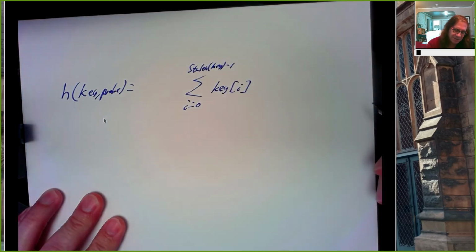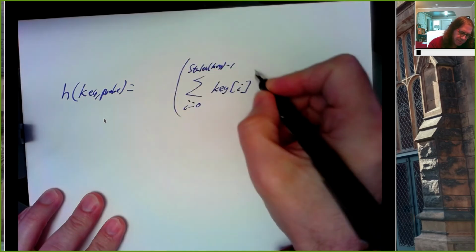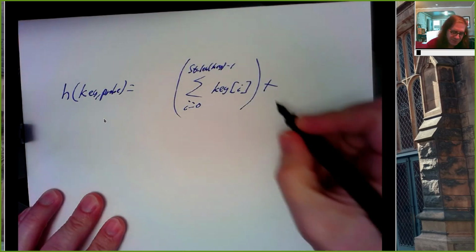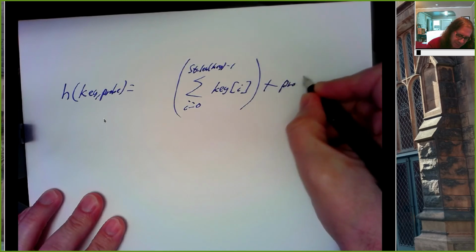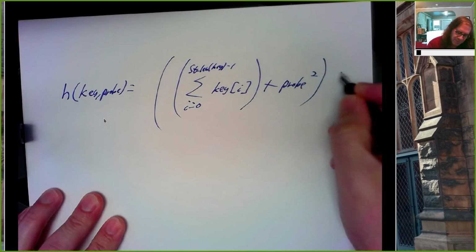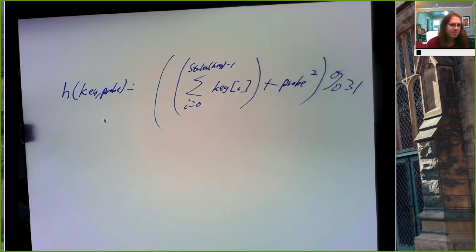Add up the ASCII codes. When you've done that sum, or if you want to initialize your running sum, either way, add the square of the probe and calculate all that mod 31. So it's a pretty minor tweak on ODP 213.